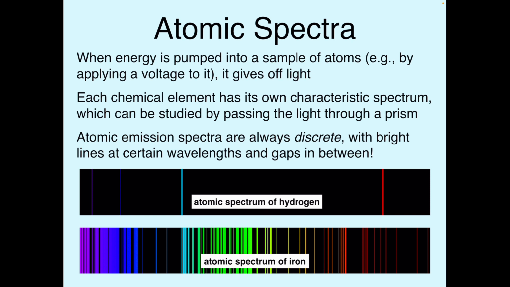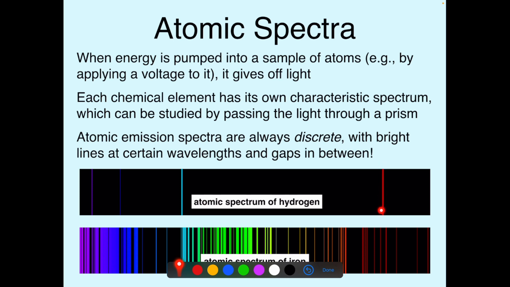And we can study this spectrum by basically passing the light that gets emitted through a prism, so we can break it up into its individual wavelengths, okay? Now, what we find is, regardless of what type of element we use, that atomic emission spectra are always discrete. So that means there are certain bright lines in the spectrum where light is being given off.